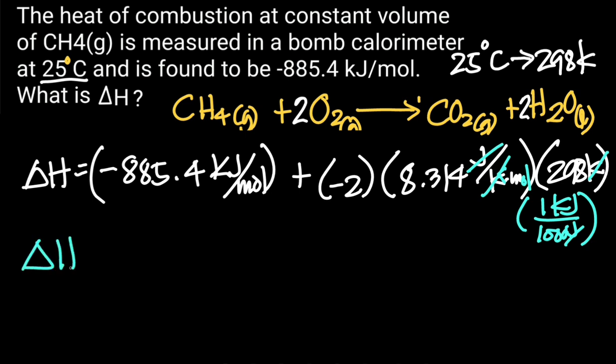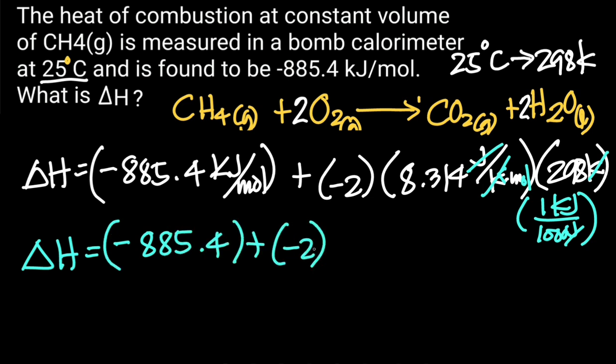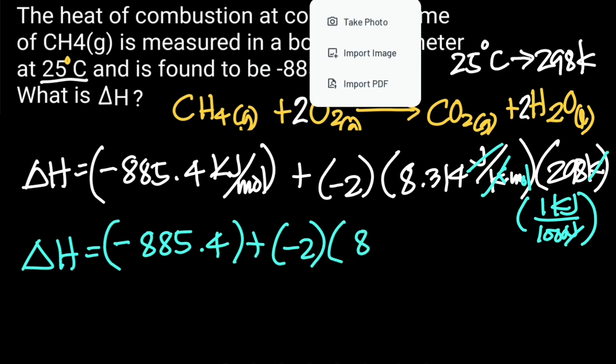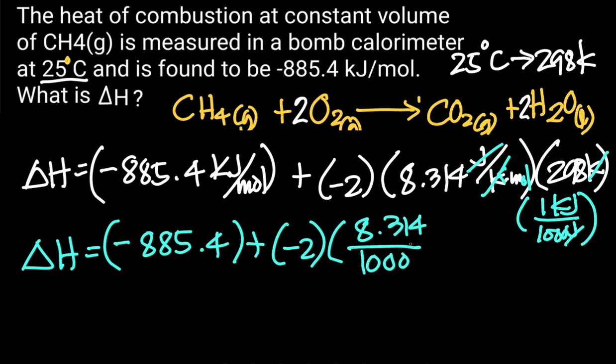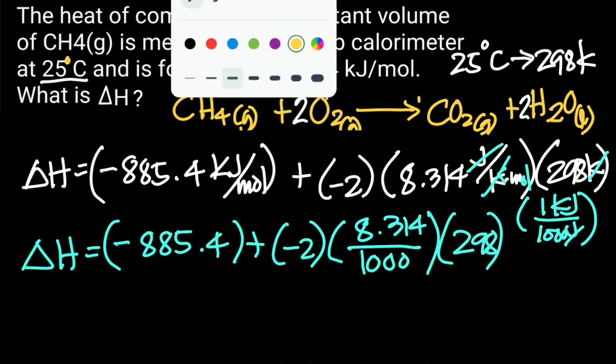So delta H is equal to negative 885.4 plus negative 2 times 8.314 over 1000 times 298, and the unit will be kilojoules per mole.